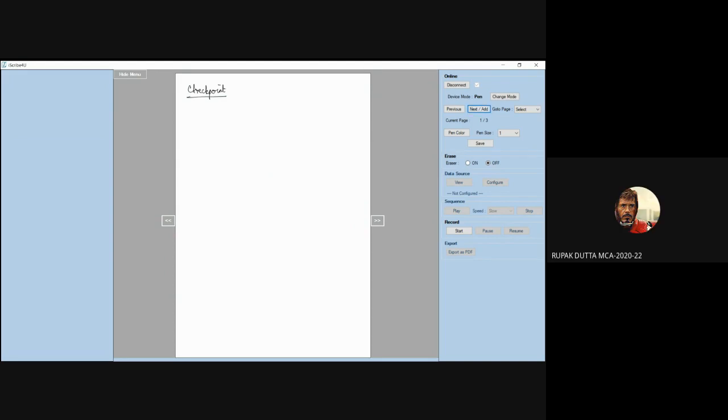Last save point. Yeah, anyone else? What is a checkpoint? It will hold the last saved data. Correct, yeah.